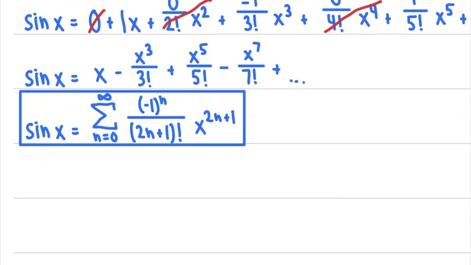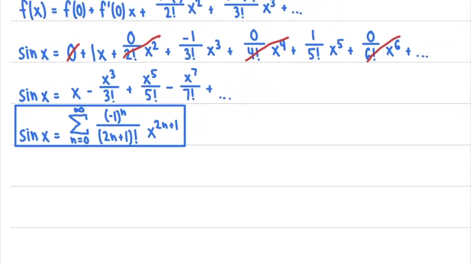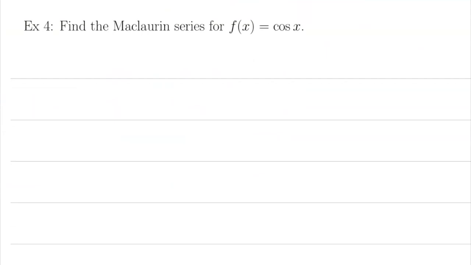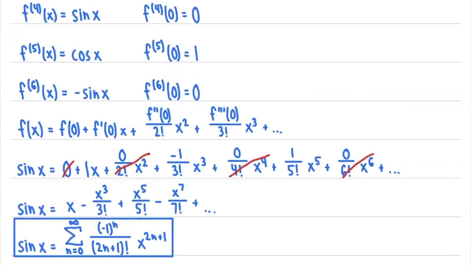So, let's do the next example, the Maclaurin series for cosine of x. Again, this is a Maclaurin series, so it's the Taylor series centered at 0. You can do the exact same thing as last time, using the formula and all that stuff. That's one way of doing it.